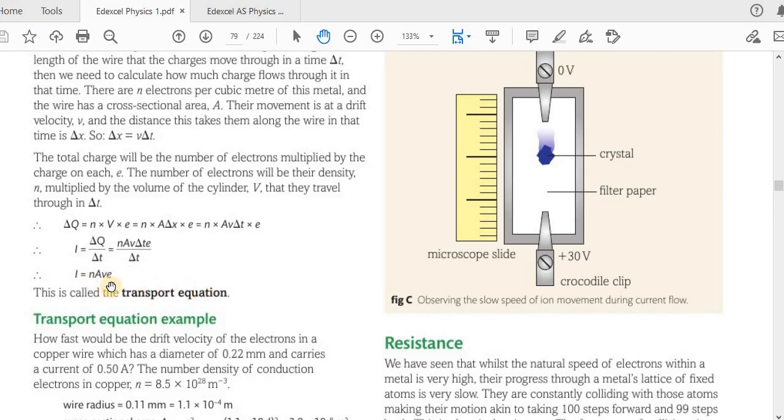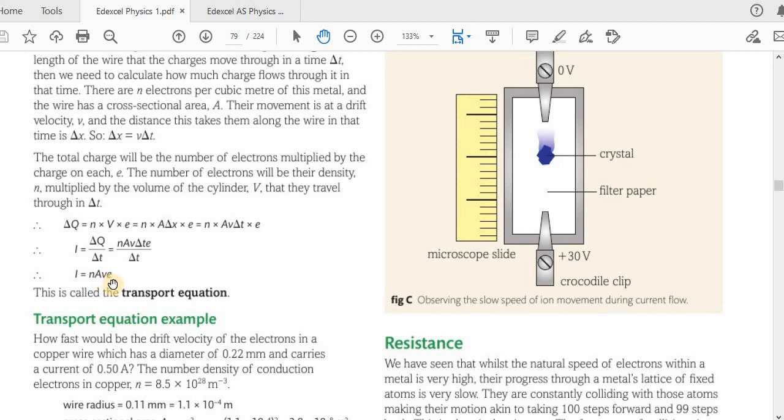So depending on the situation, we can use the equation I equals nAvq. But almost always, because we are dealing with wires, the charge carriers are the electrons. That's why we have this equation I equals nAve, where e is the charge on an electron.